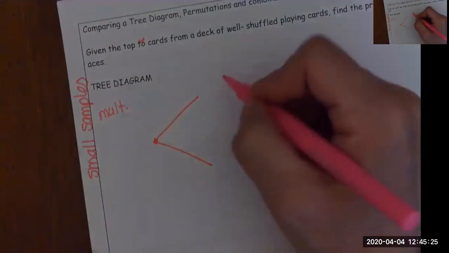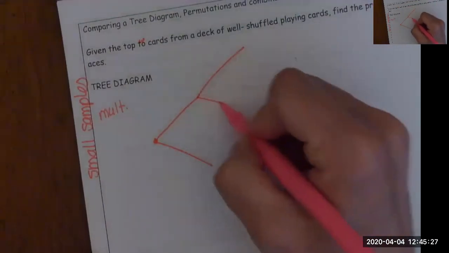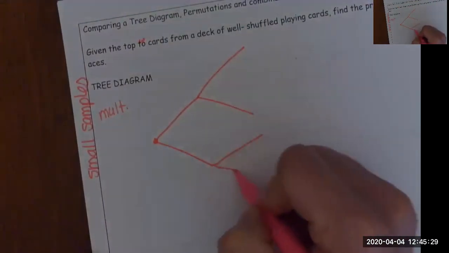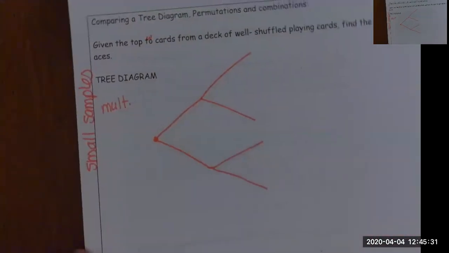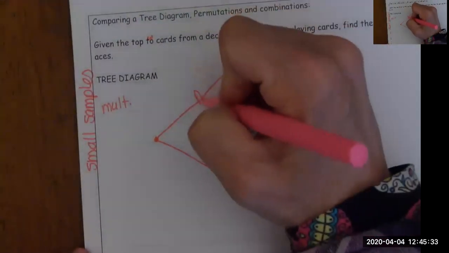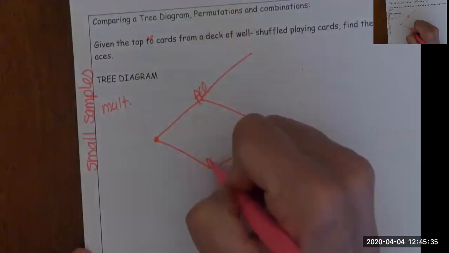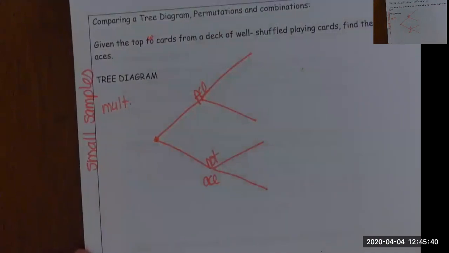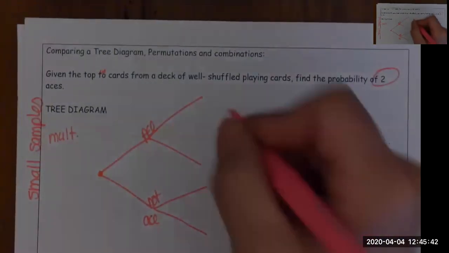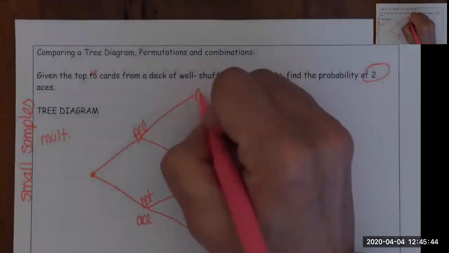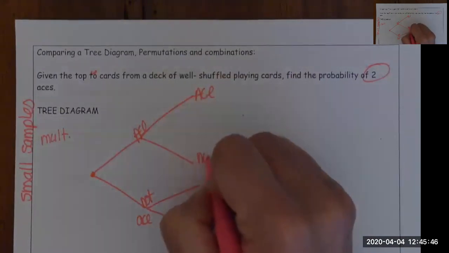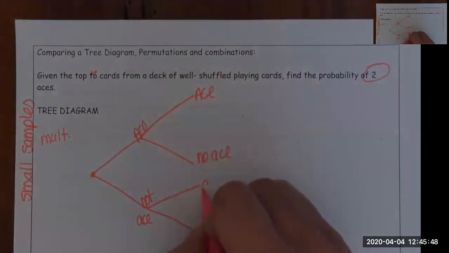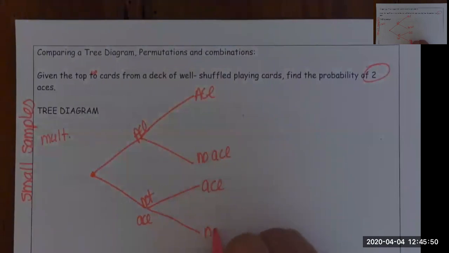And then I'm going to choose again. So we're going to say that I get an ace or not ace. Because remember, I'm picking 2 cards, right? And then I draw cards again, and I could get an ace or no ace. Could get an ace. Maybe I'll get no ace.